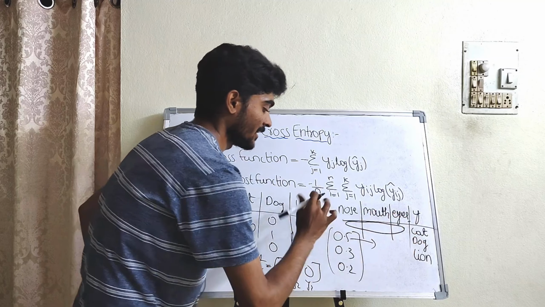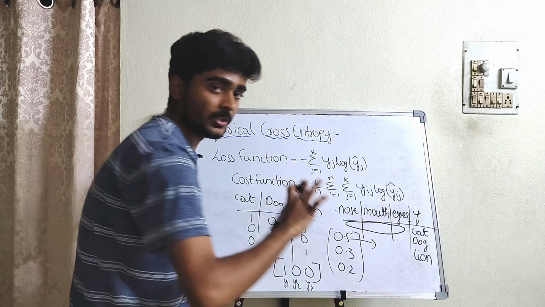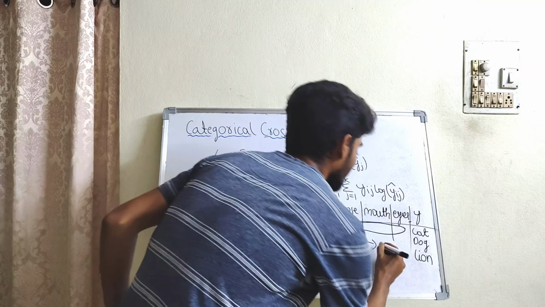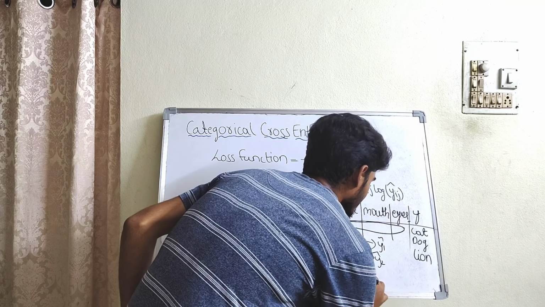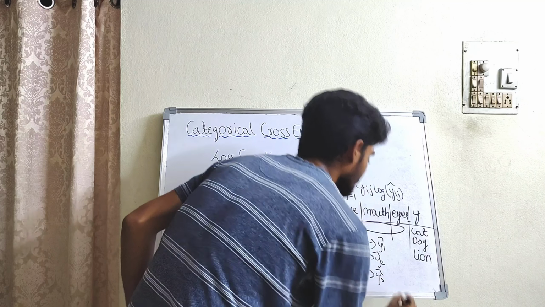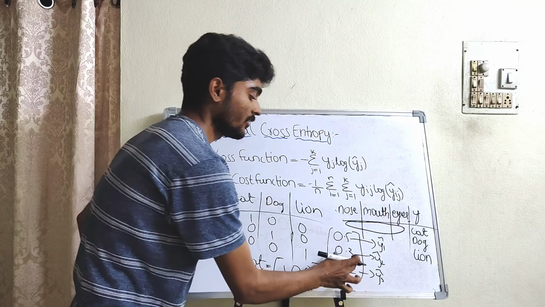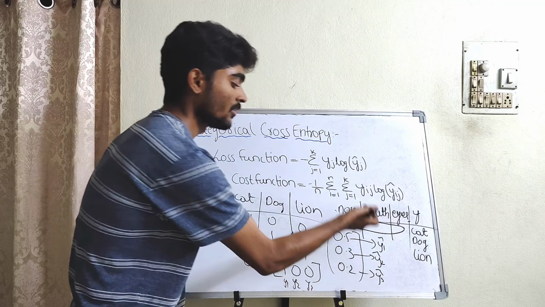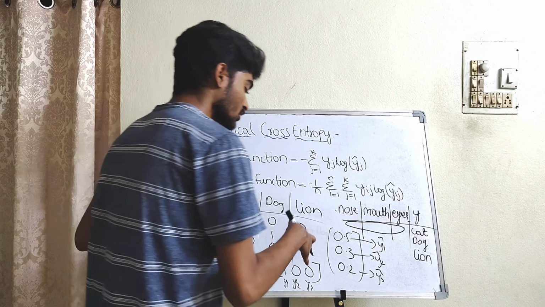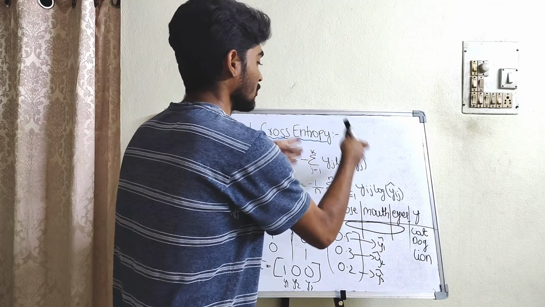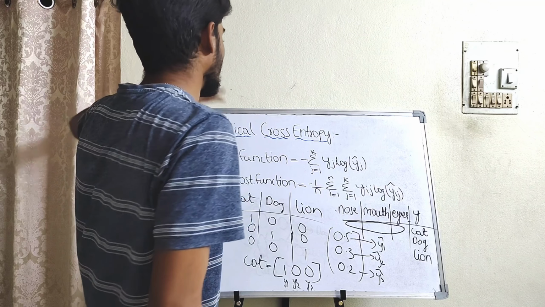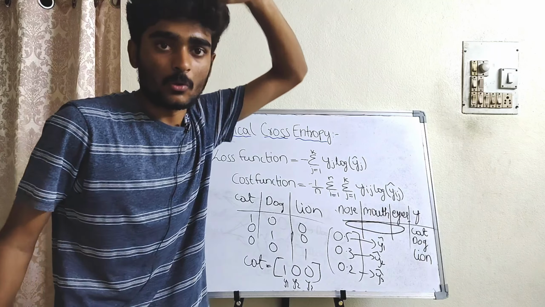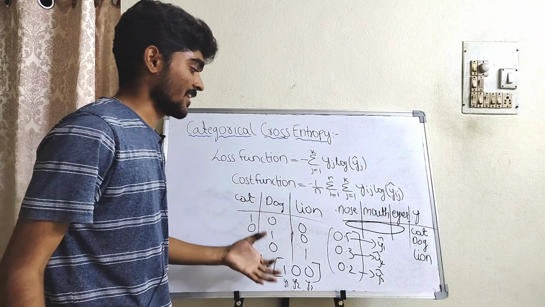For the same cat class, these are the predicted outputs, where 0.5 is y1 hat, 0.3 is y2 hat, and 0.2 is y3 hat. You substitute these values in the loss function, and you determine the overall loss of your categorical cross entropy.